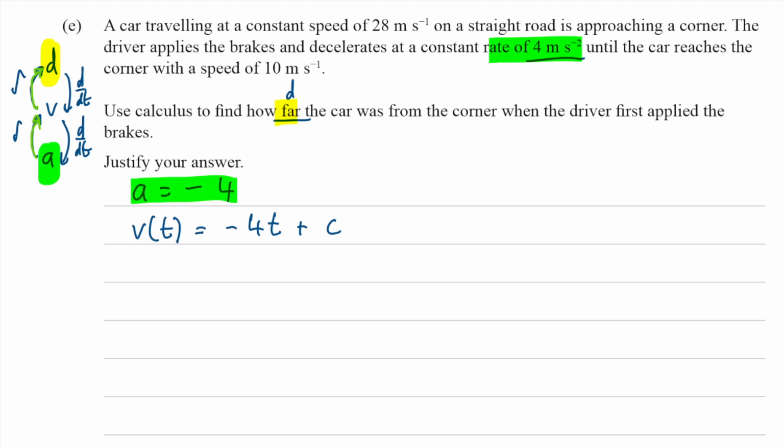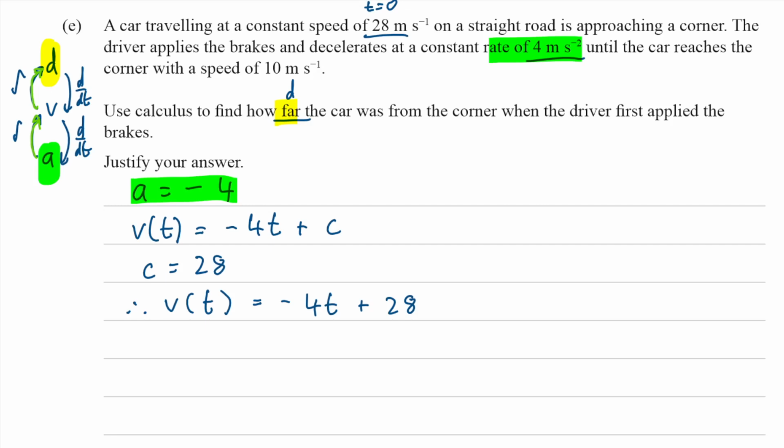Right when they start applying the brakes, they are traveling at 28 meters per second when time is 0. So if we substitute in 0 for time and 28 for speed, we will see that c will equal 28. So therefore our speed equation is minus 4t plus the initial speed, 28 meters per second.